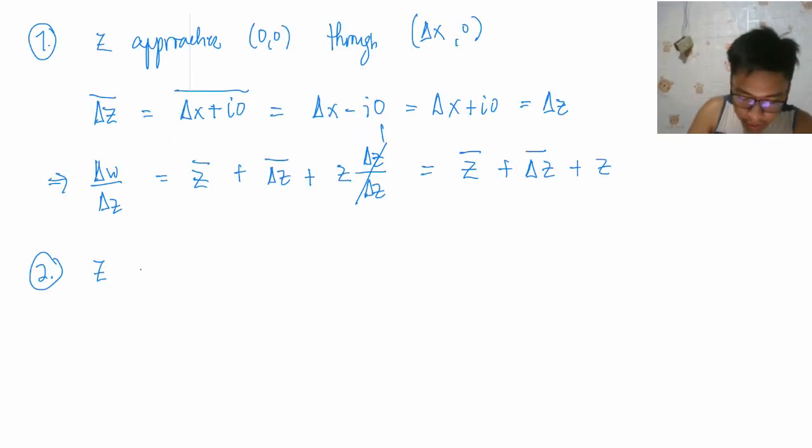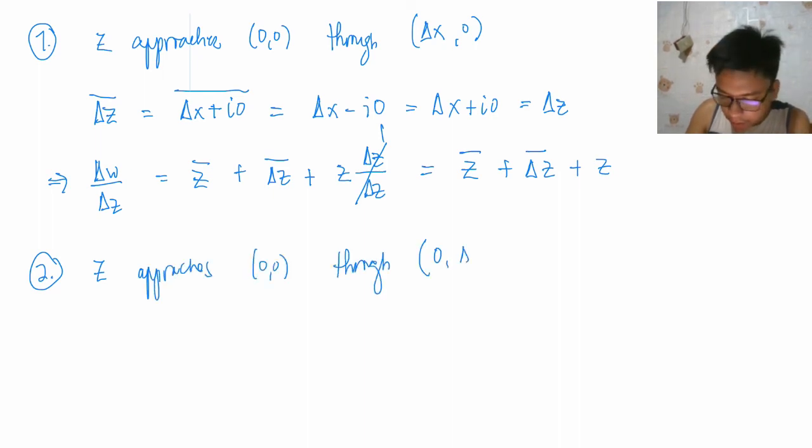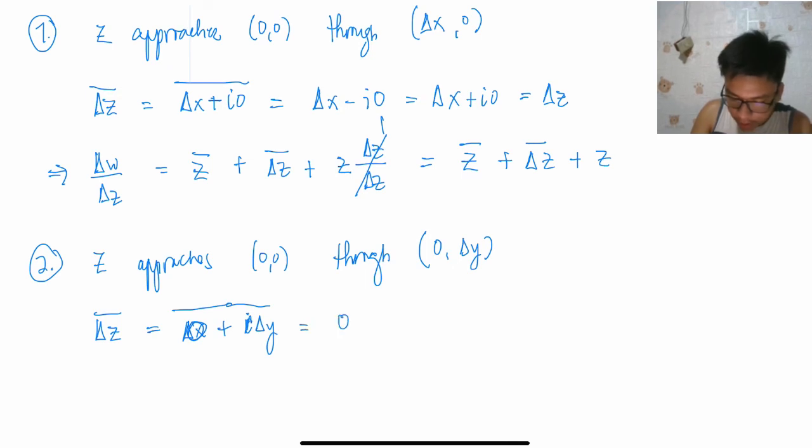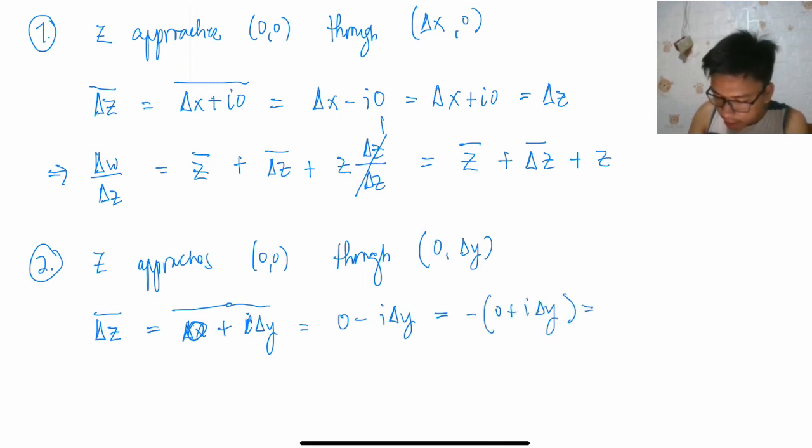Case 2, when z approaches the origin through delta x equals 0, that means on the imaginary axis. So delta z is 0 plus i delta y, and delta z bar is 0 minus i delta y, which is actually the negative of 0 plus i delta y, and this is negative delta z.